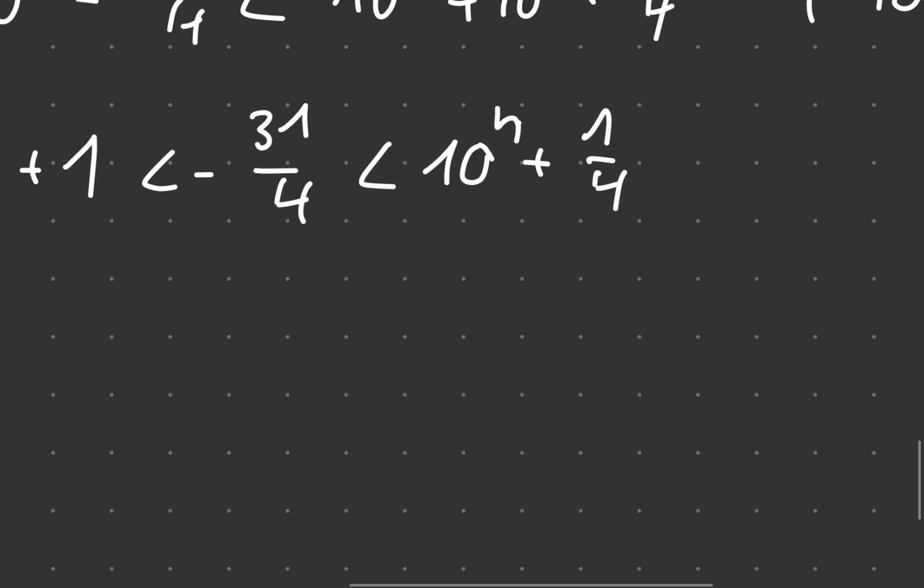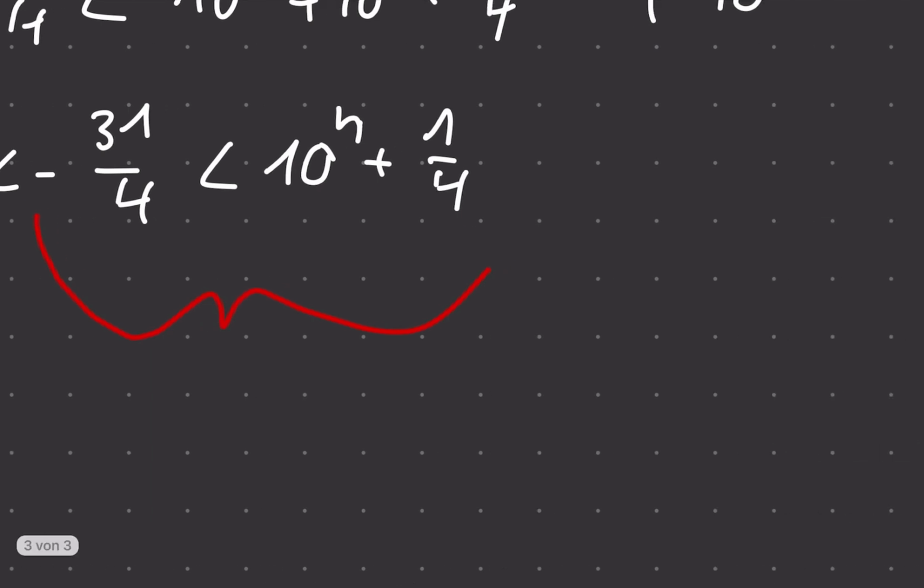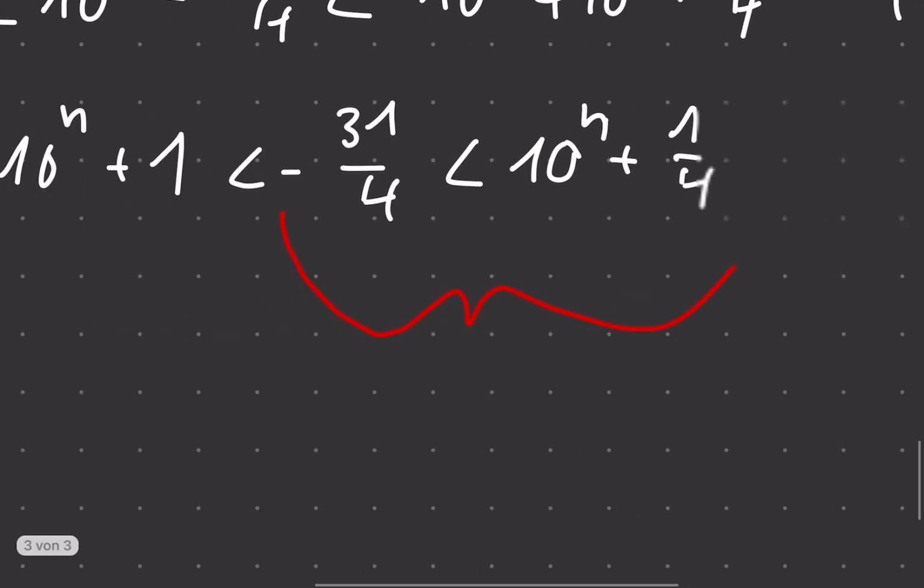So first let's look at this part here. Well, we can safely say that this is true because 10 to the n plus 1/4 will always be greater than 0, right? This will always be positive, and so it will always be bigger than the minus 31/4. So that is a check.